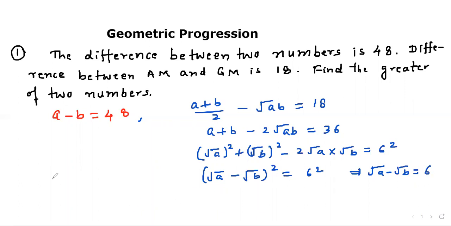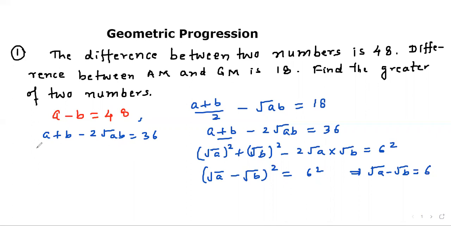Now we have A minus B equal to 48 and root A minus root B equal to 6. So we write this expression here: A plus B minus 2 root AB equal to 36.